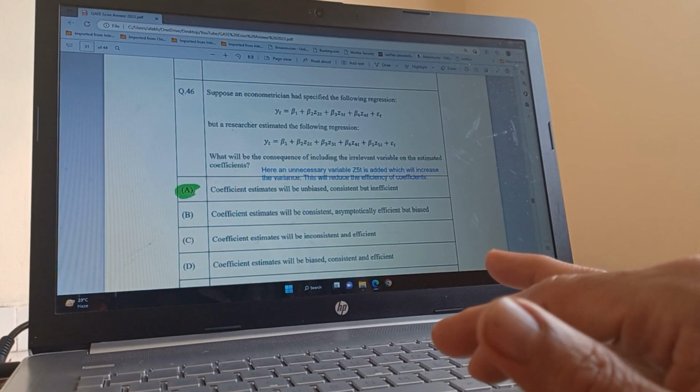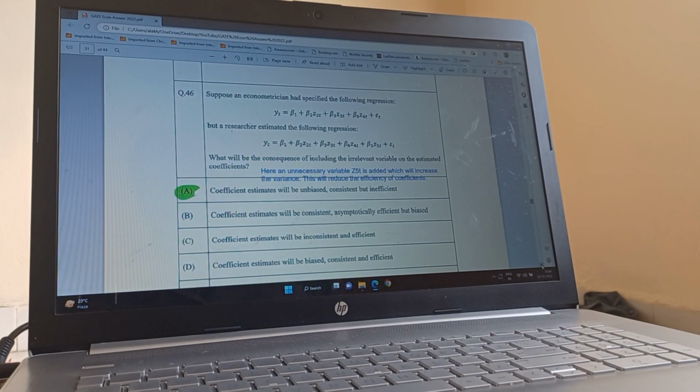Now I go to question number 66. Suppose an econometrician had specified the following regression: yt is equal to beta 1 plus beta 2 Z2t plus beta 3 Z3t plus beta 4 Z4t plus eta t.